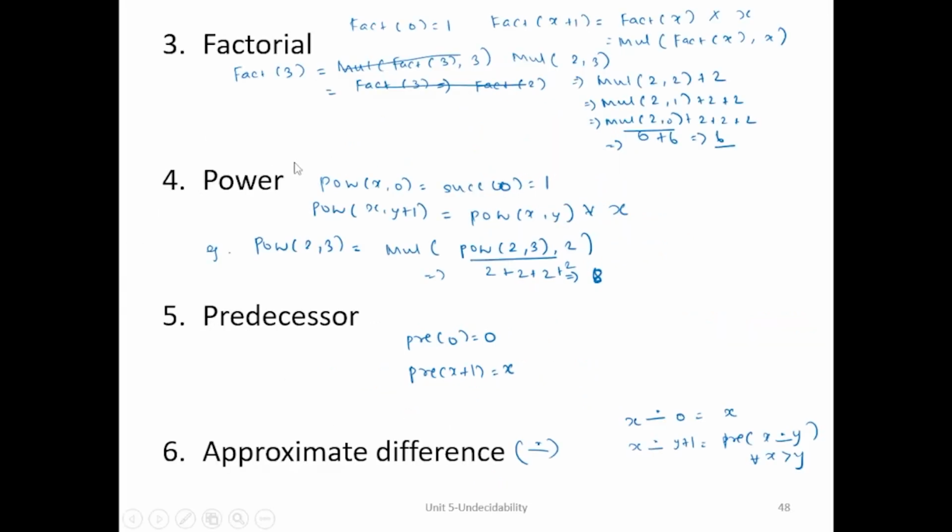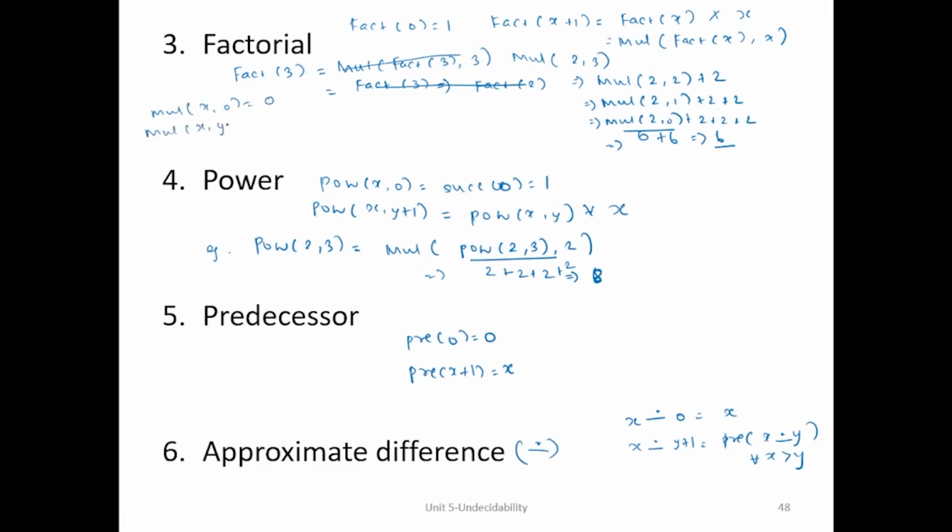And the same thing for factorial. Factorial of 0 is 1. Factorial of x plus 1 is equal to factorial of x into x plus 1. If any multiplication is available, you can use the multiplication operation. So what is the multiplication operation? Multiplication of x comma 0 is 0.